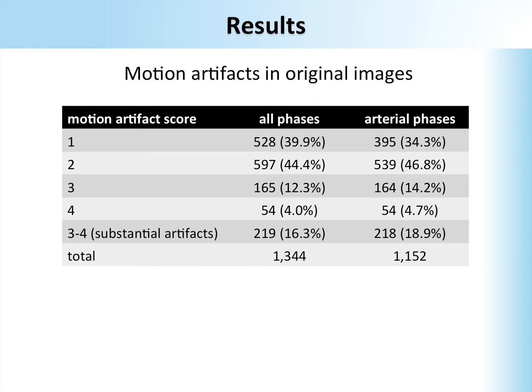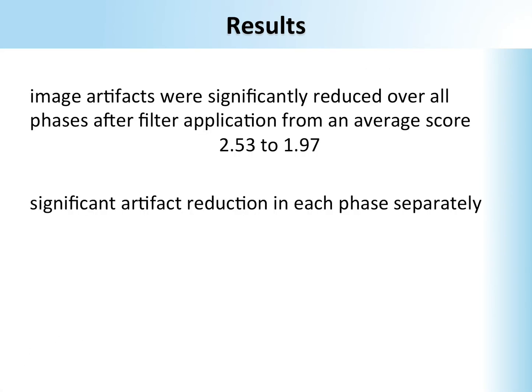So what we found was that of the roughly 1,344 original image datasets, no artifacts were detected in 39.9% and minor artifacts in 44.4%, etc. So in the image sets of the arterial phases only, substantial artifacts were present in 18.9%.